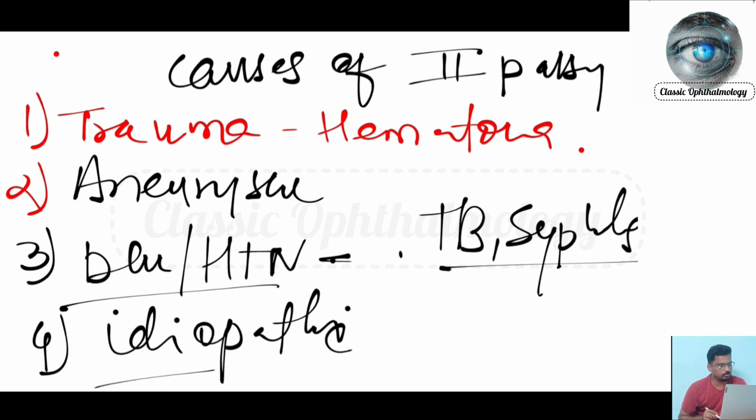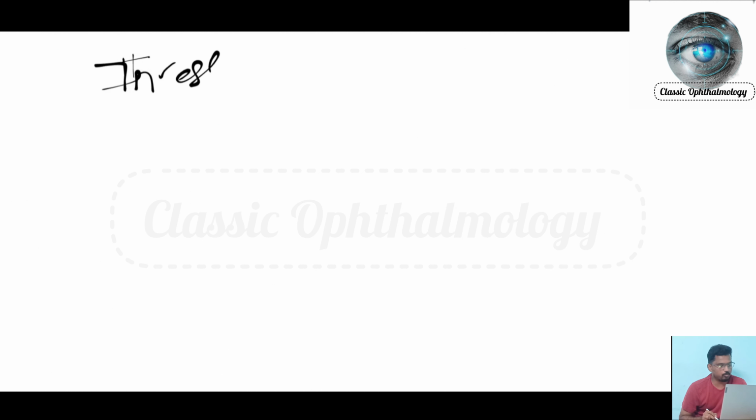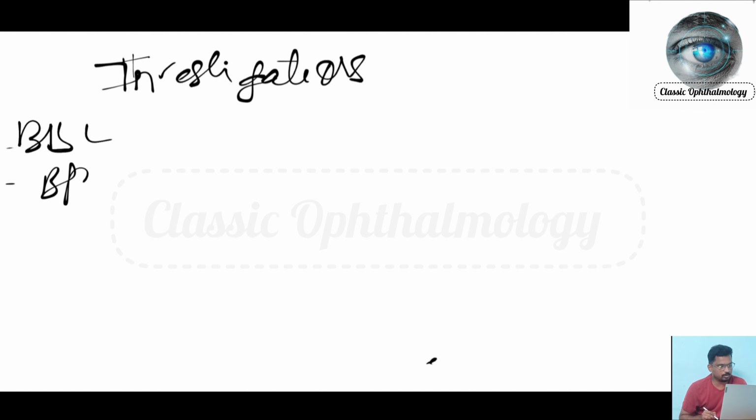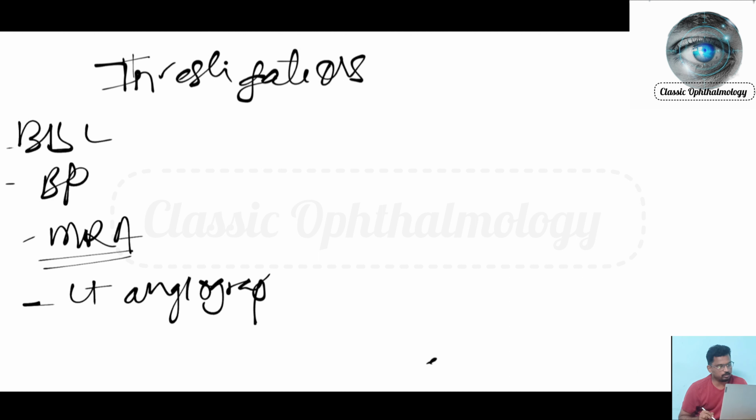Okay, now the investigations. Very important is to rule out diabetes by blood sugar level and hypertension by blood pressure. These two are very important. Apart from this, magnetic resonance angiography and CT angiography are very important in certain cases, importantly in pupillary involvement.